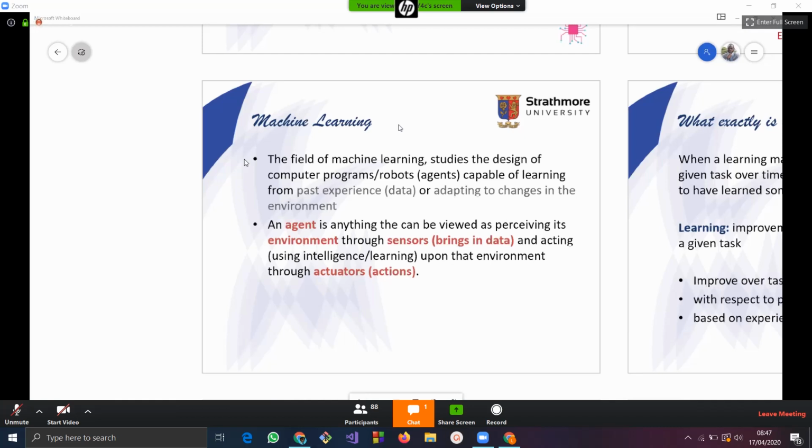Thank you very much. So there's an agent who perceives the environment and then processes the data or learns from the data, and then can act on the environment. That was like machine learning or just AI in general. Okay, fine. That was Stacy from Group A.